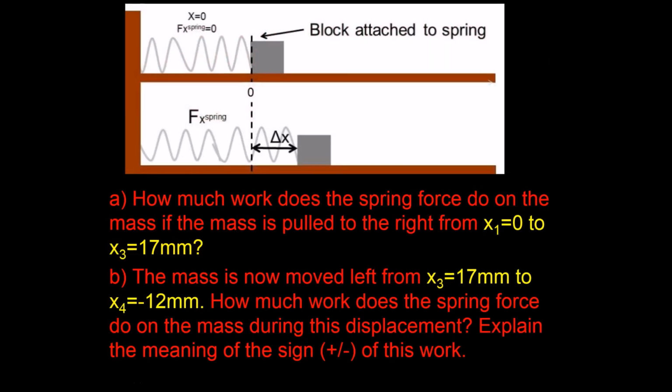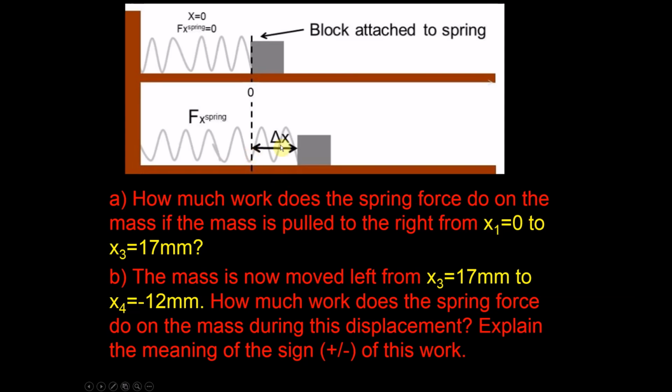So, we have a question here. How much work does the spring force need to do on the mass if the mass is pulled from a position of 0 here to an x position of 17 millimeters? And part B, the mass is then moved left from 17 millimeters, the point we're looking at for x3, to a compression of negative 12.